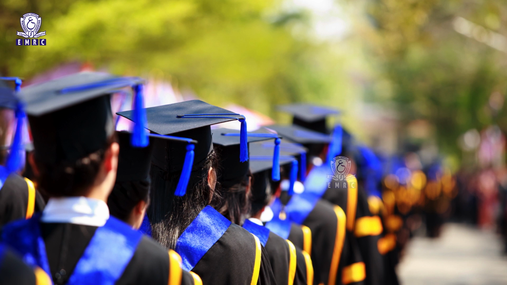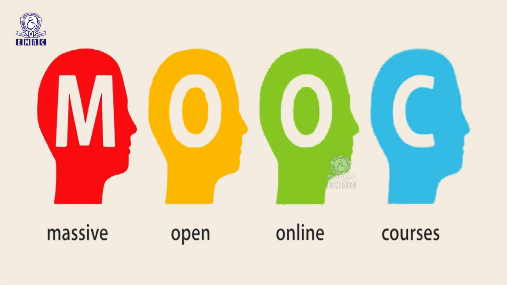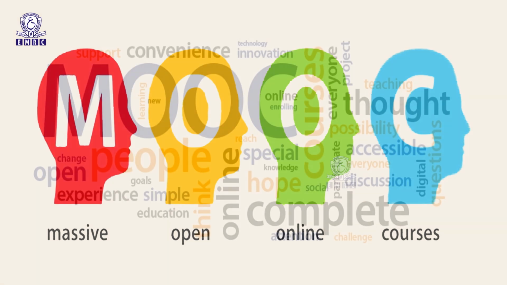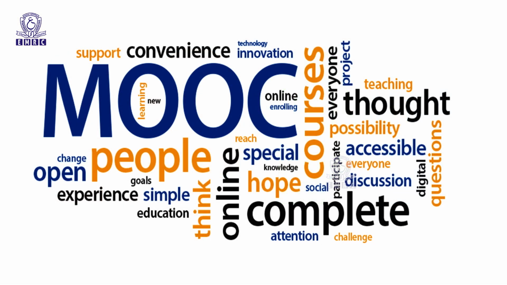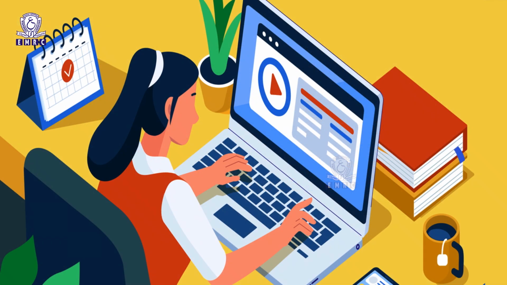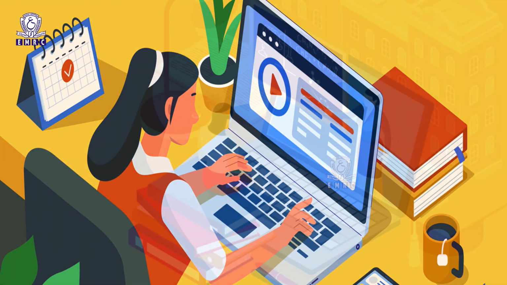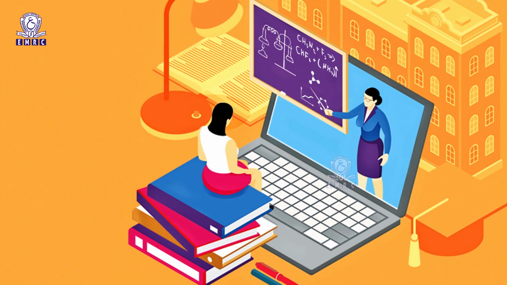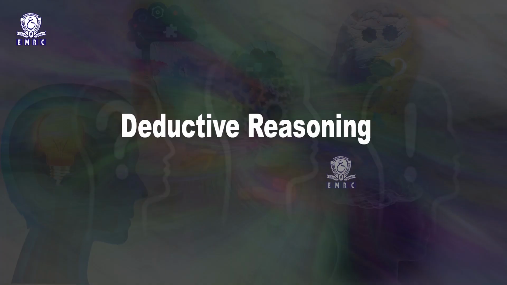All graduate psychology students enrolled for MOOC and Priyanka belongs to the same group. So, I can conveniently conclude that even Priyanka might have enrolled for MOOC course because she belongs to the same group. So, we do not go beyond the information which is available to us in deductive reasoning.